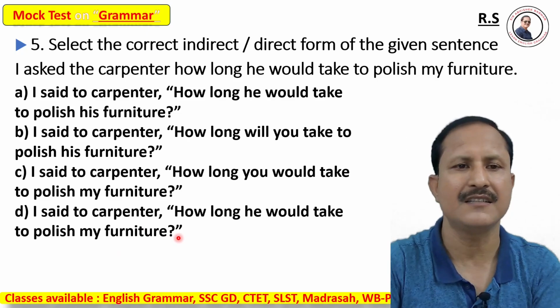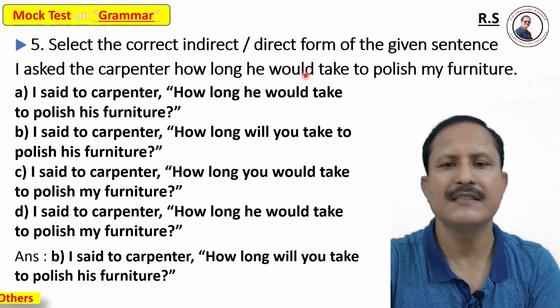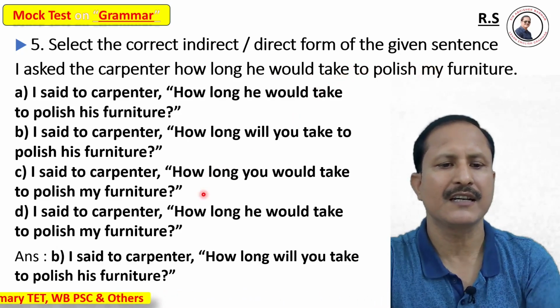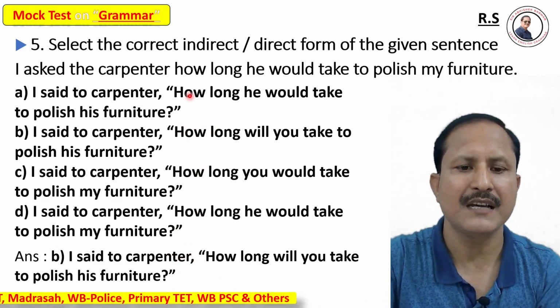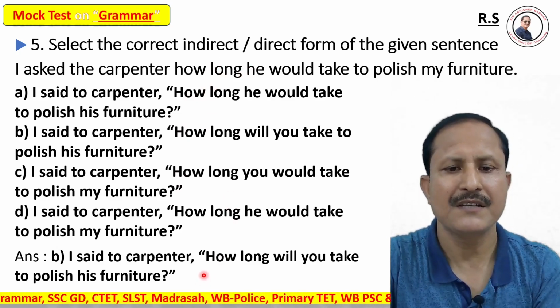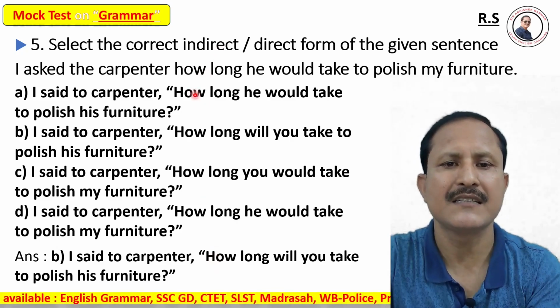The right answer is option B. Here, the given sentence is indirect. It should be transformed into direct. Here, "I said to carpenter," okay, a comma should be placed, and then inverted commas will start.